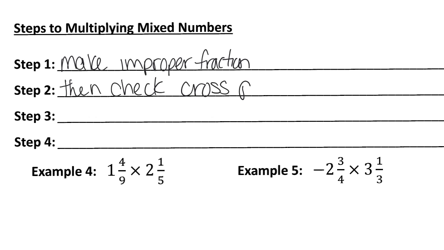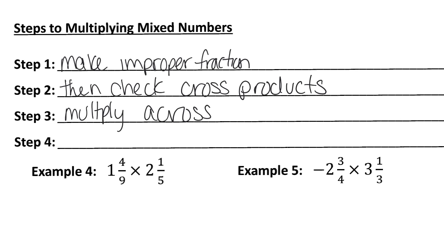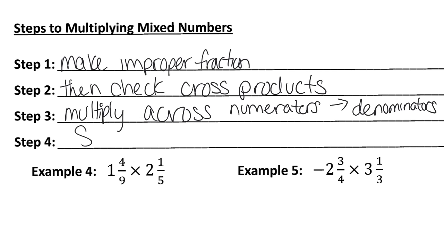If you don't like to use cross products, that's fine. Don't do it. And then multiply across. Okay, and what I mean is multiply numerators and then the denominators together. Last always is simplify. Okay, always simplify.